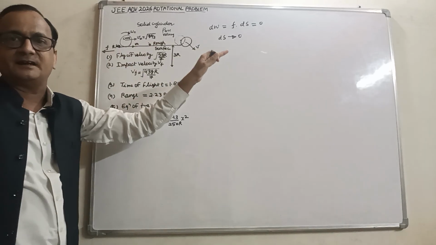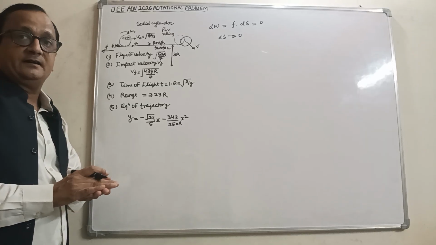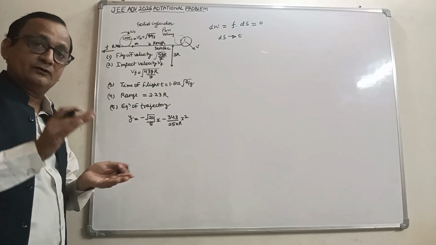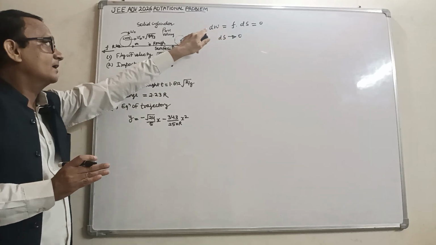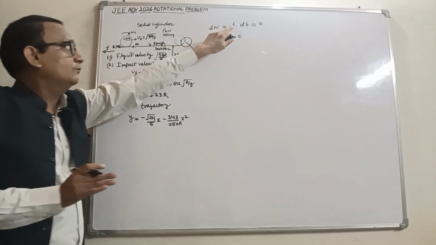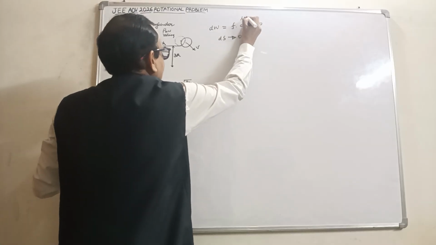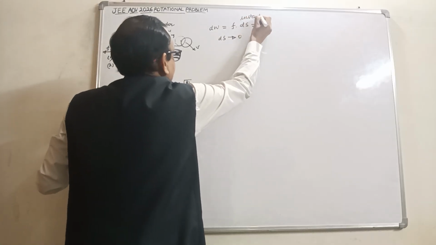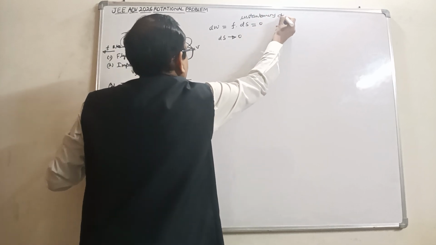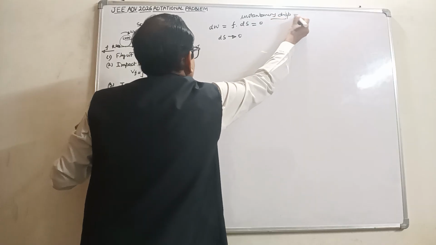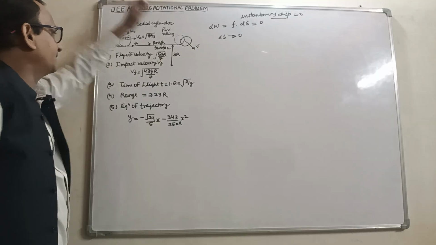At the contact point, the instantaneous velocity is zero, so the work done by the friction is zero because the instantaneous displacement is zero.